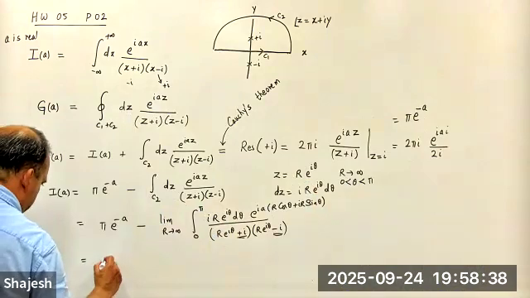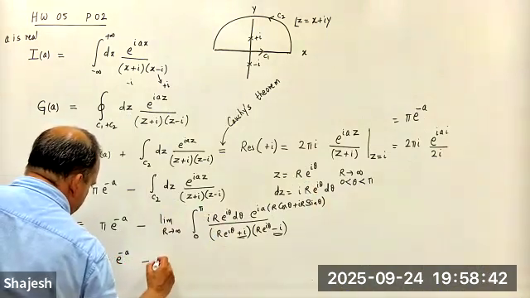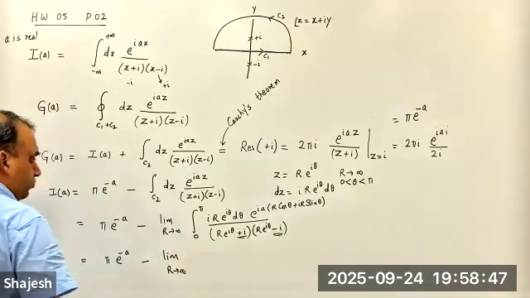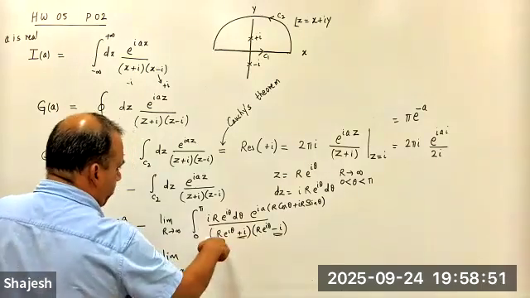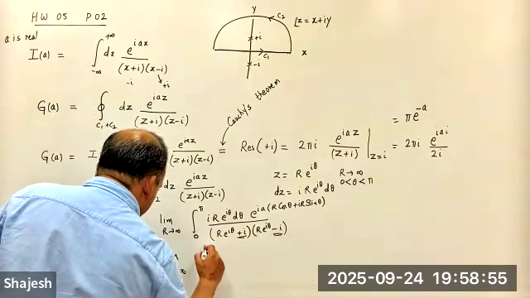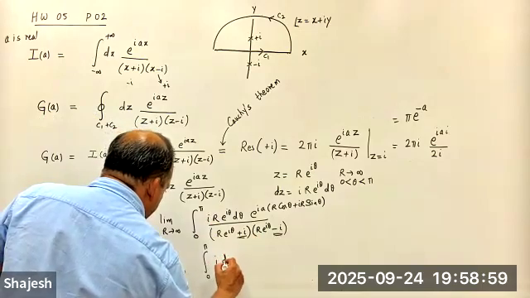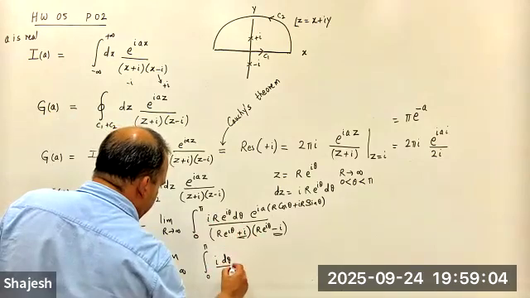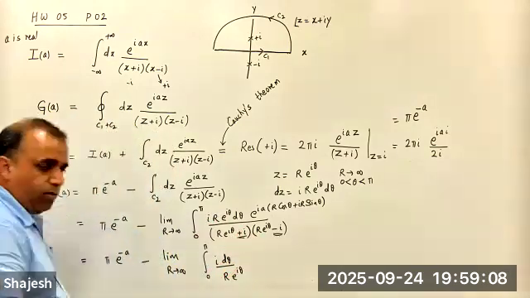So this is equal to pi e raised to minus a, minus the limit R tends to infinity. There is a 1 over R in the denominator, and one of the exponentials cancels. It is 0 to pi, there is an i remaining, d theta, and we have R e raised to i theta in the denominator.